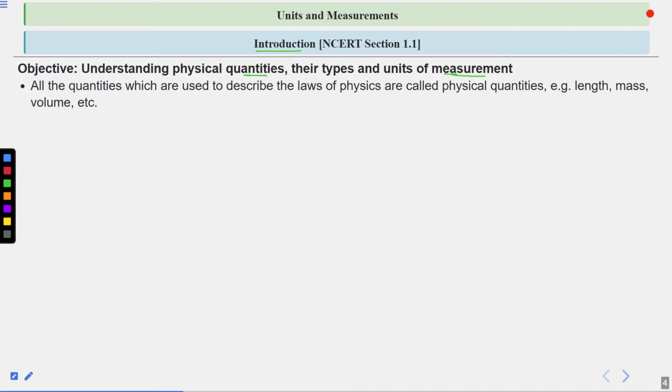It means all quantities which are used to describe the laws of physics are called physical quantities, for example length, mass, volume.